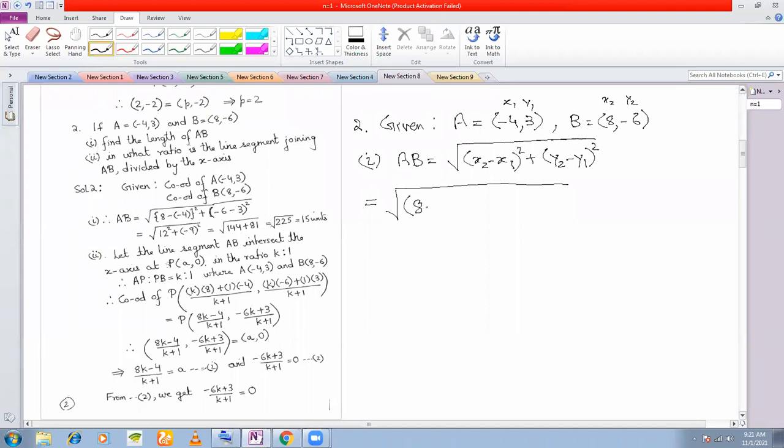This is 8 minus of minus 4 square plus minus 6 minus 3 square.